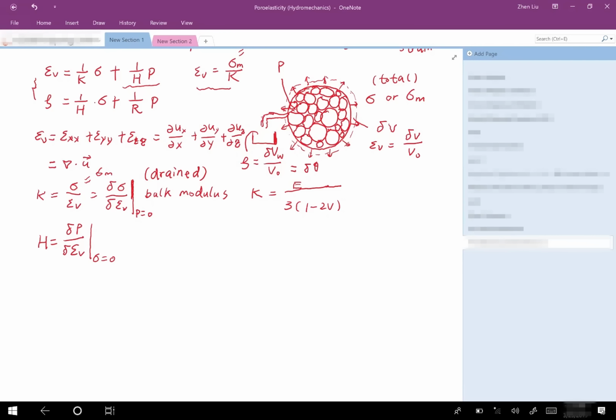Yeah. So you can see now you have two things. One is called constrained, one is called drained. There are two things. So drained means that water can get out freely. If it's unconstrained, that means there's no pressure on the boundary. So there are two different things. So this one means unconstrained.